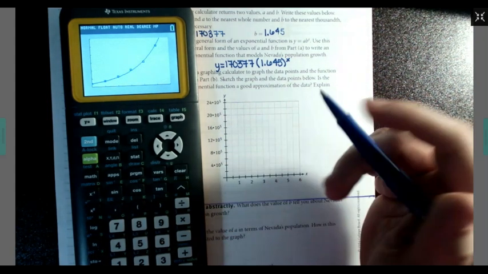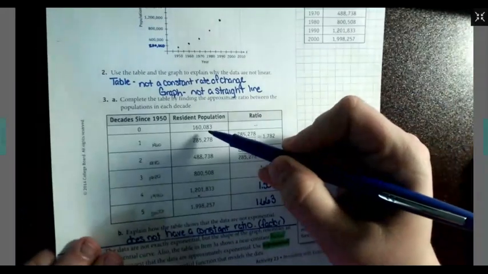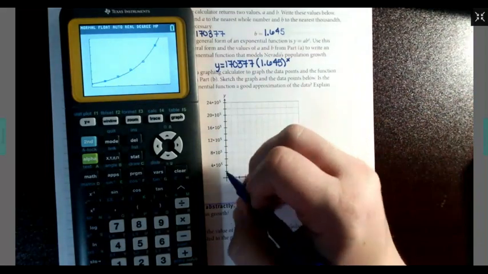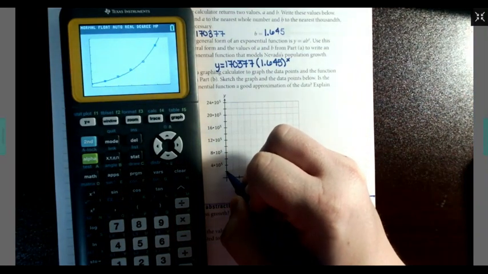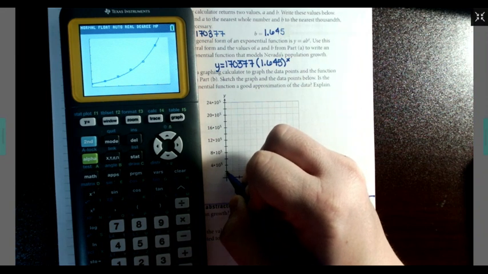So notice that 0 is 160,000. So that's going to be here. Now remember, this would be 200,000. So it's right below it.